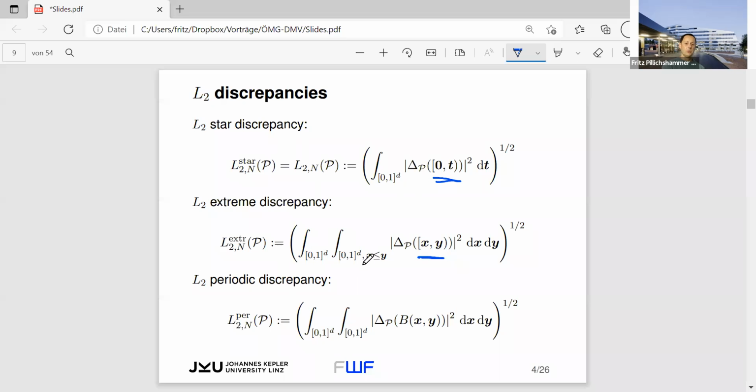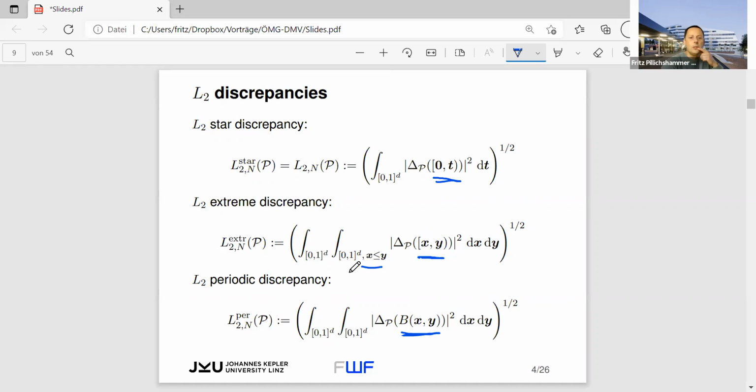Here integration is restricted really only to real boxes, x is less or equal y. And in the third case, the test sets are the periodic subintervals. Okay, so these are the three notions of L2 discrepancies that we are going to consider.